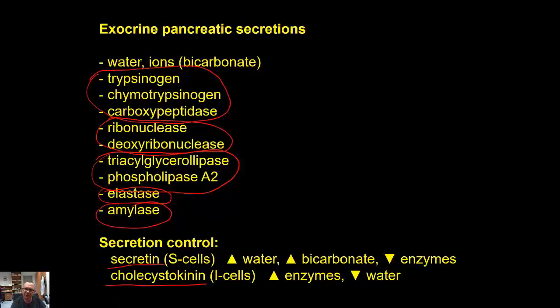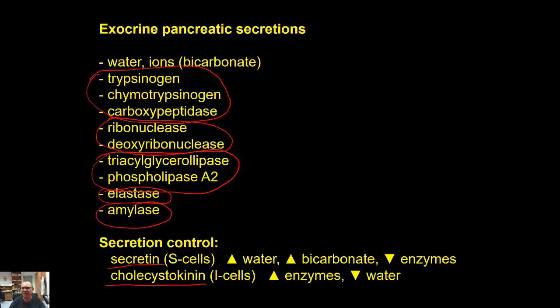The exocrine pancreatic secretion also has to contain water and ions. Water is logical, it's fluid, so these enzymes must be dissolved in something. Ions are also necessary here, and mostly bicarbonate ions are important. Bicarbonate ions are transported by cells of ducts.